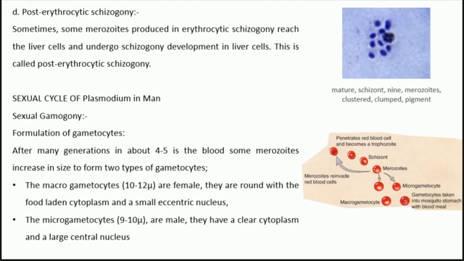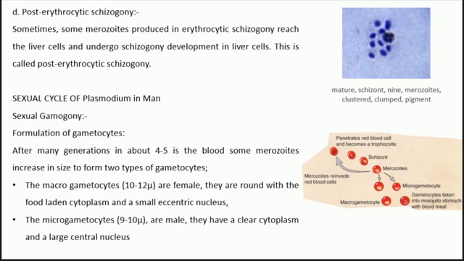Once this gamete formation takes place, these gametes go towards the peripheral blood system, and from there they enter some of the capillaries.